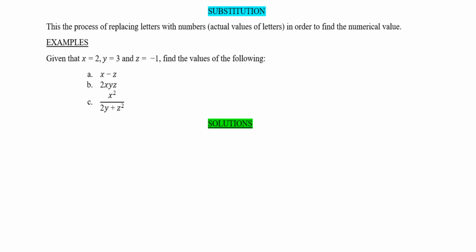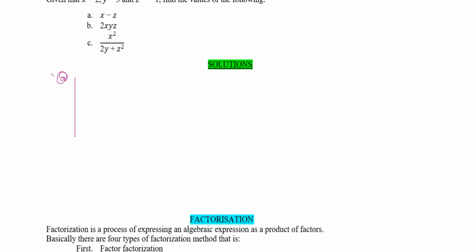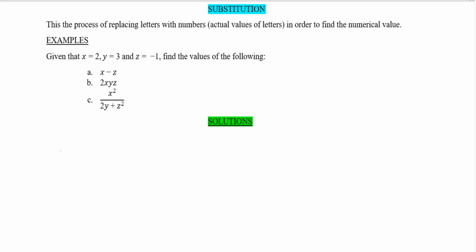For A, first of all, we need to take note of the values of A, B, and C. So we are saying the value of x is equal to 2, y is equal to 3, z is equal to -1.